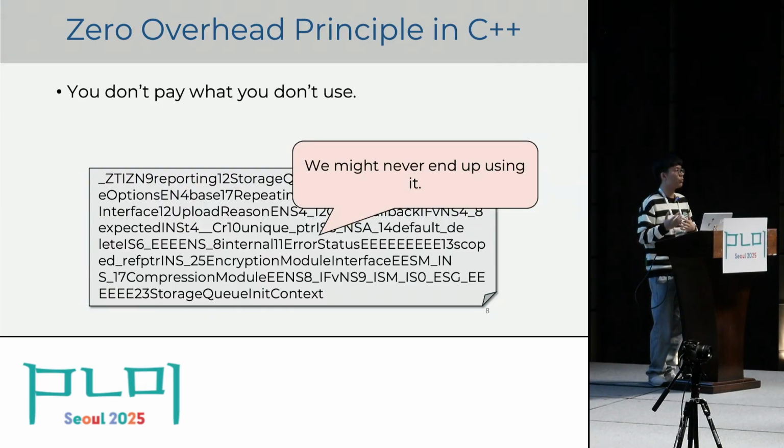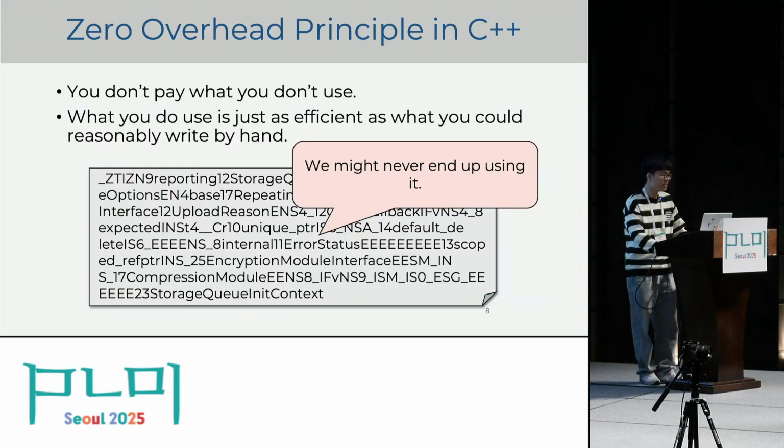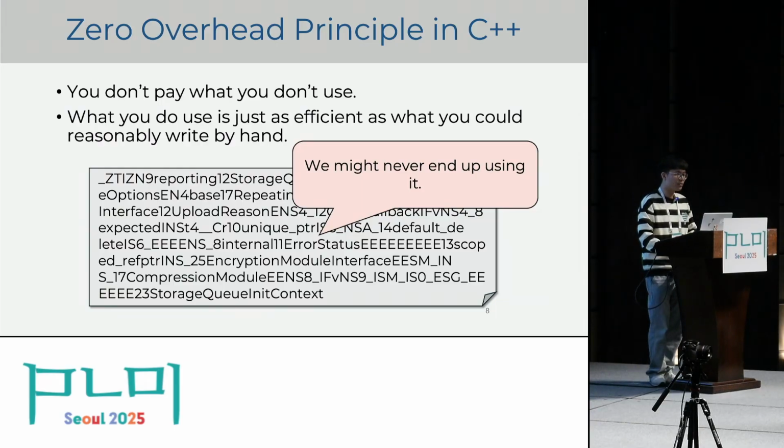It totally breaks the spirit of the zero overhead principle. The second is that what you do use is just as efficient as what you could reasonably write by hand. But downcast doesn't hold up here either, because it is way slower than a handwritten one. And we will show exactly how it slows things down in our evaluation results.